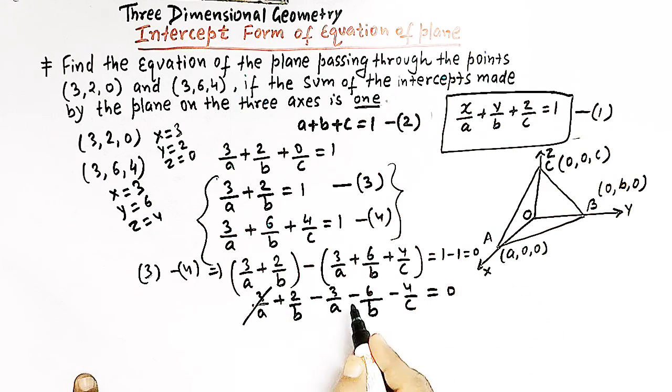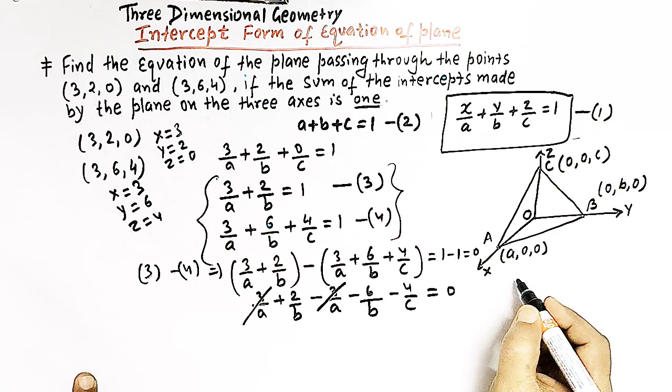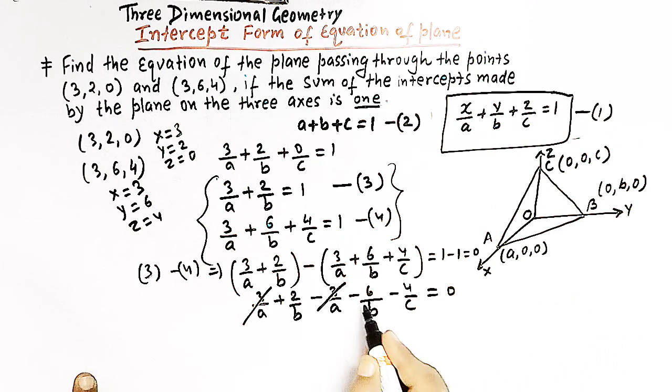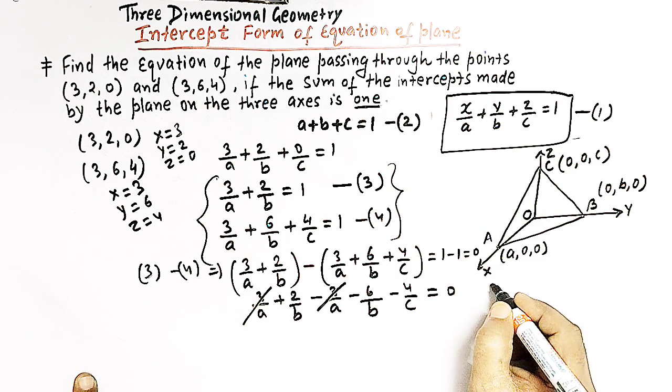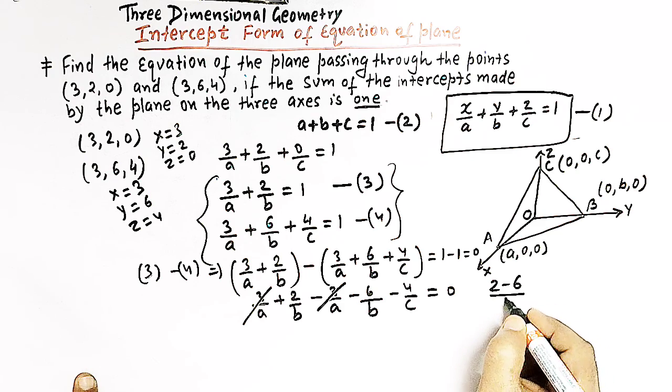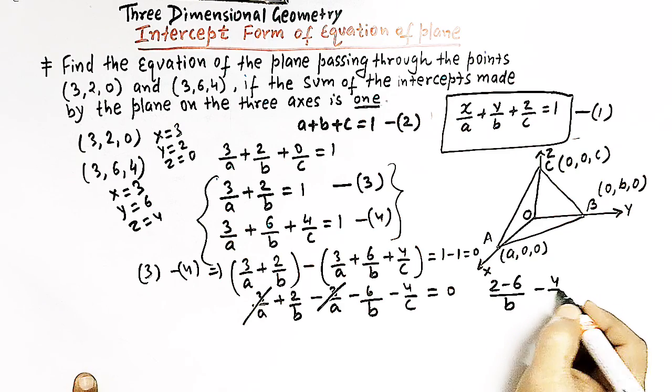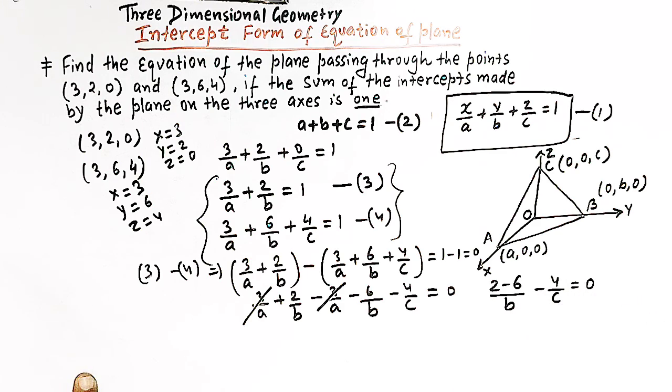So now these two terms get cancelled, and here we have 2 over b minus 6 over b. So these two terms are like terms, so we have 2 minus 6 over b, then we have minus 4 over c is equal to 0. So we have now minus 4 over b minus 4 over c is equal to 0.